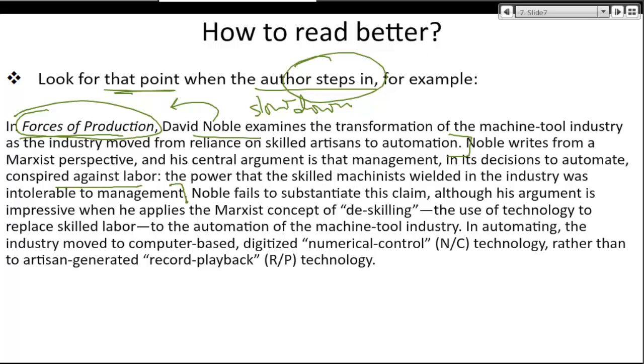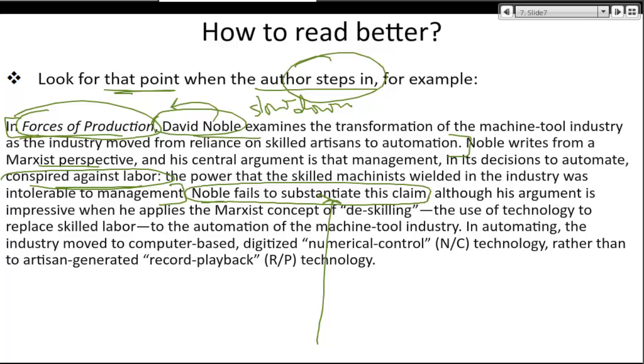So basically, the author introduces a book by David Noble and says what Noble has done in the book. Noble says that management has conspired against labor. And the author says Noble fails to substantiate this claim. Now, this is where the author steps in. This is very important for me.